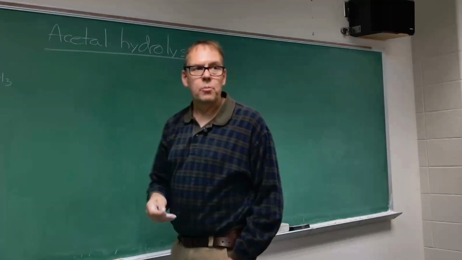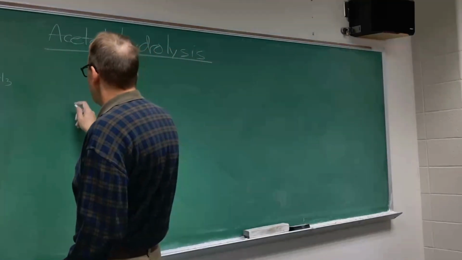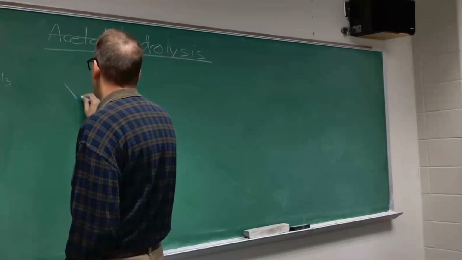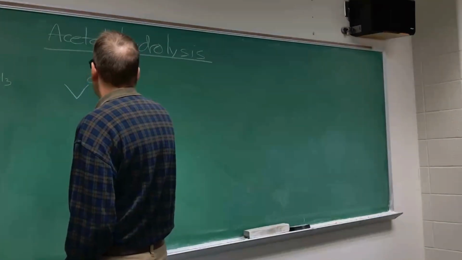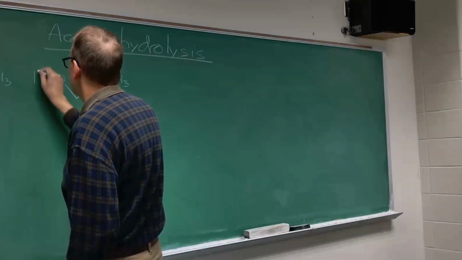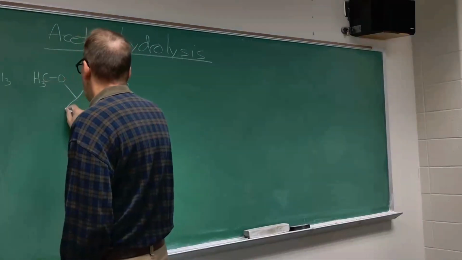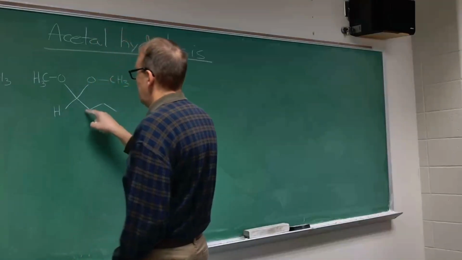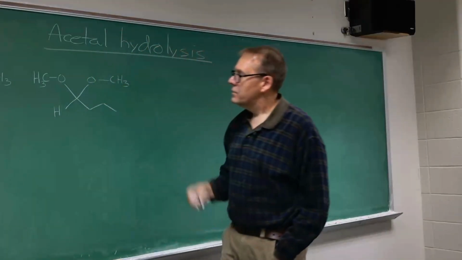So here's the overall process. Say you start with an acetal like, I don't know, maybe this one, where you've got a couple of methyl groups, OCH3 groups, and maybe a 1, 2, 3 carbon chain. That's an acetal.